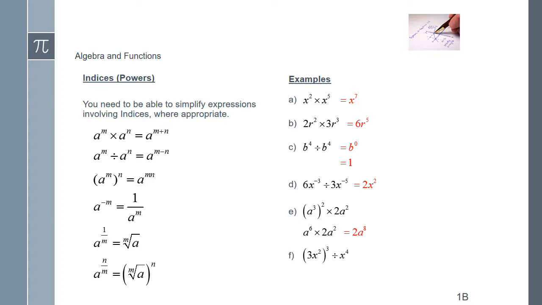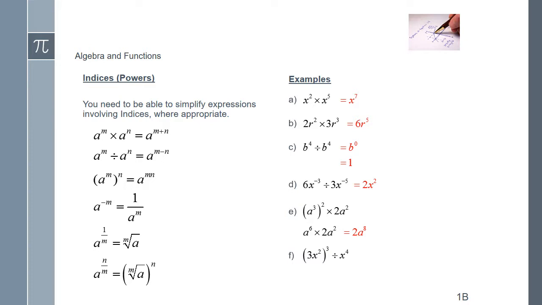3x squared cubed divided by x to the power 4. A common mistake is made in this type of question. What we have here is 3x squared cubed, so we have to cube everything inside that bracket.